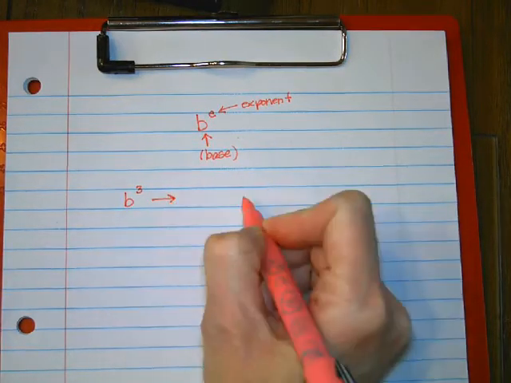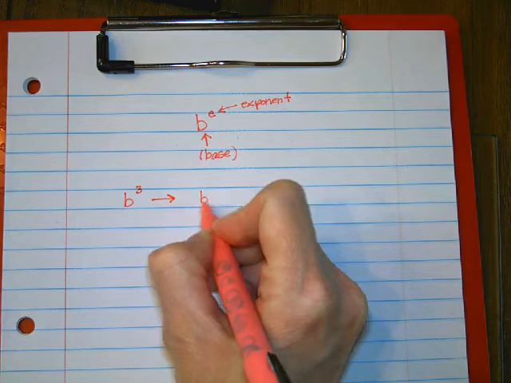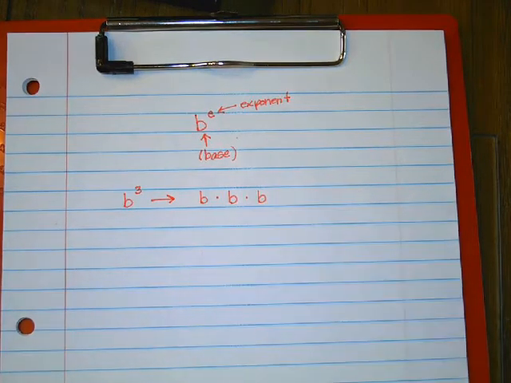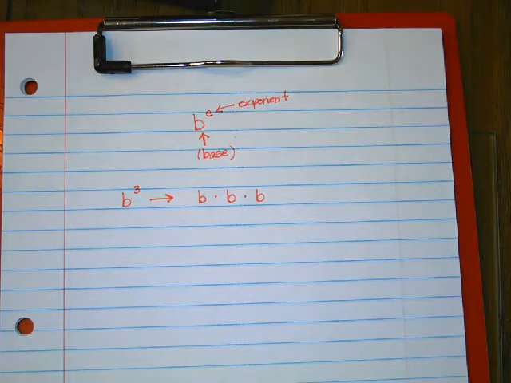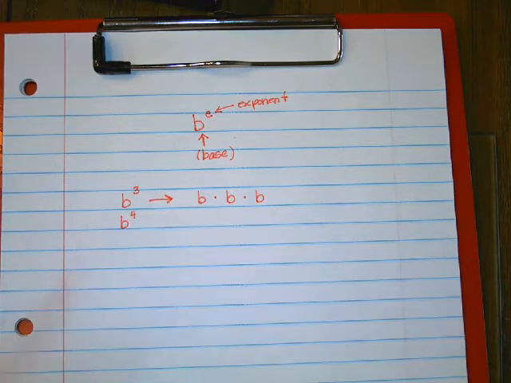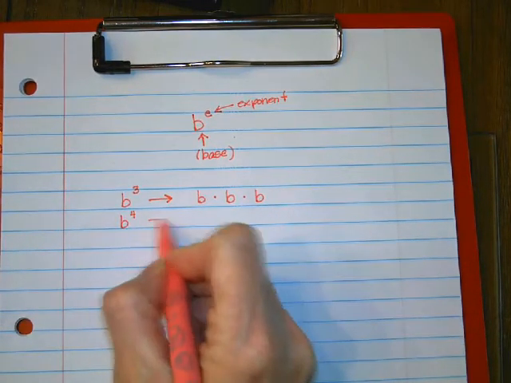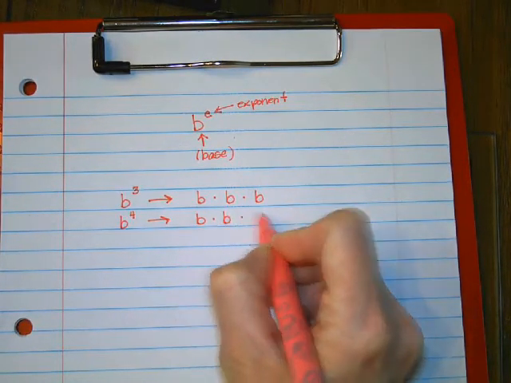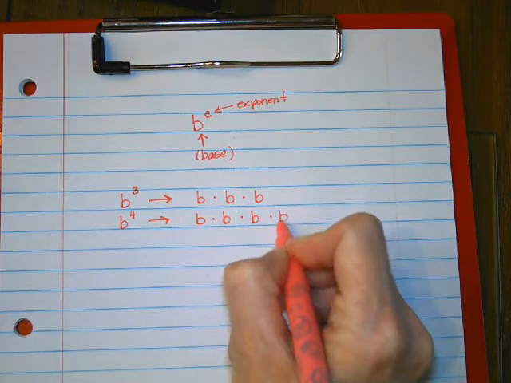Well, b to the third power really means b times b times b. Now let's do another b, say b to the fourth power. We know b to the fourth power really means b times b times b times b.